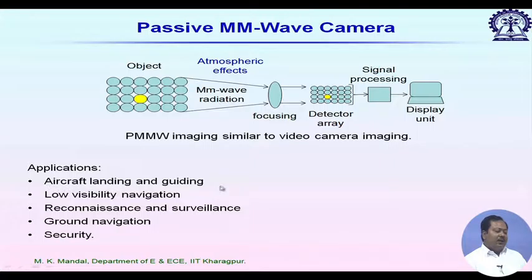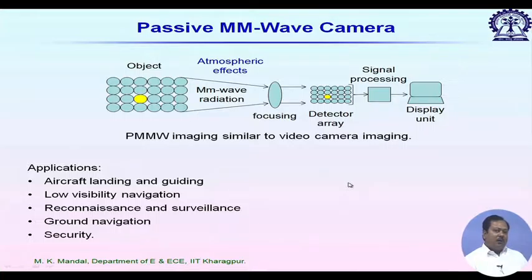We can use them at low visibility conditions for low visibility navigation, in a harbor or for ground navigation as well, for reconnaissance and surveillance applications, and for security applications.